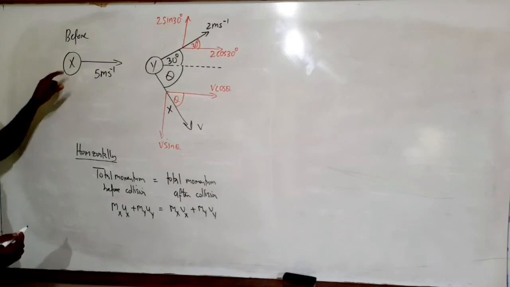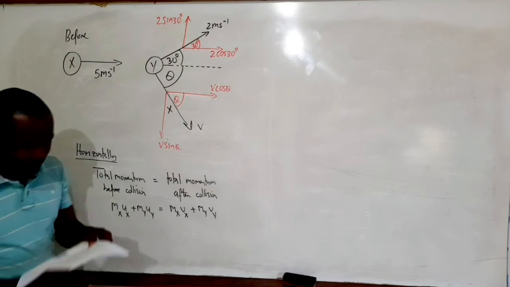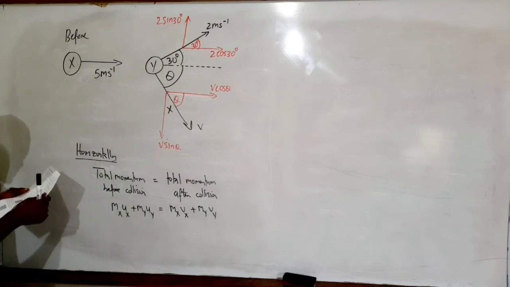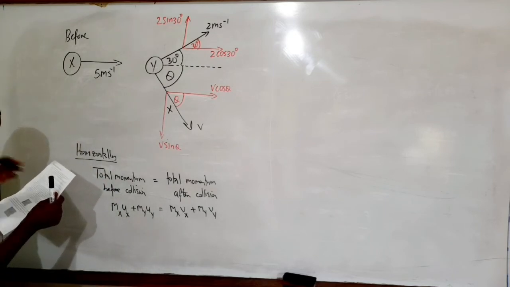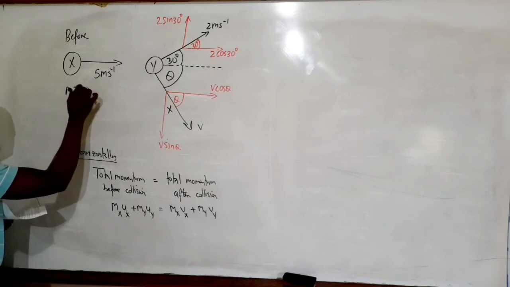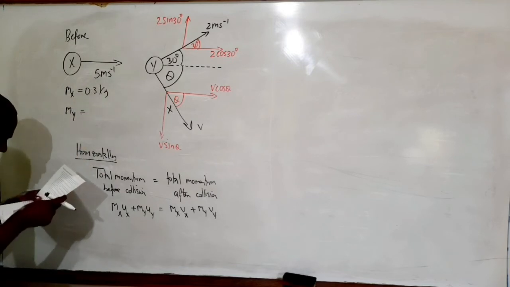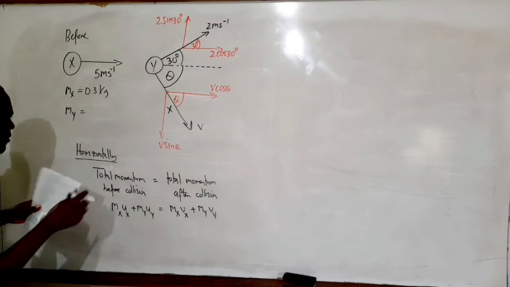So we're told that the mass of X equals 0.3 kg, and the mass of Y is equal to 0.4 kilograms.